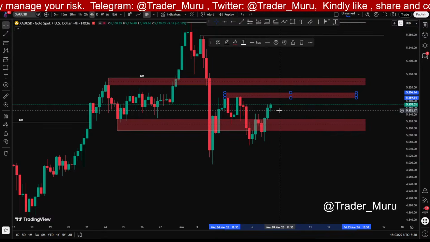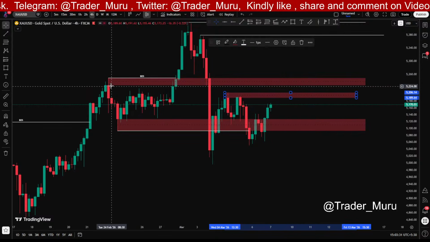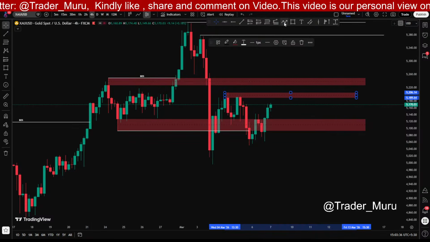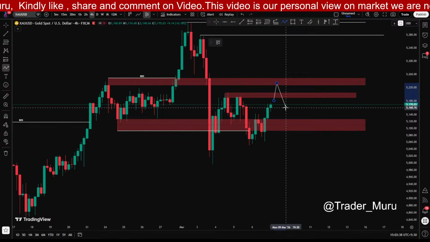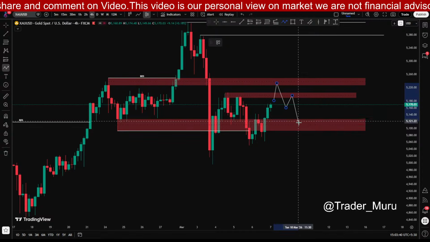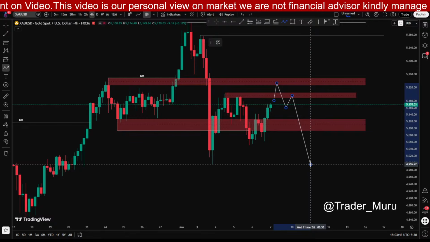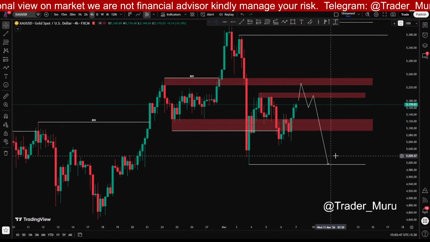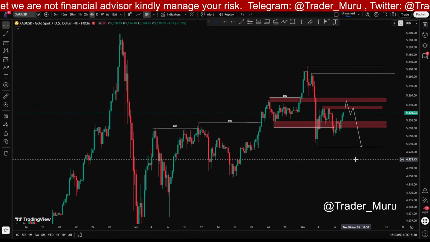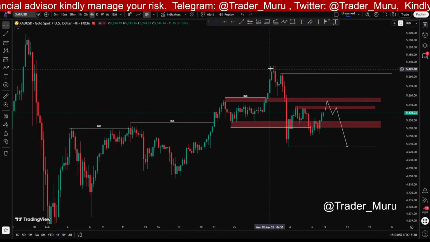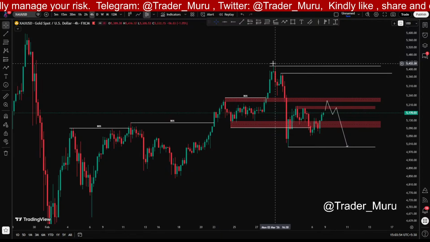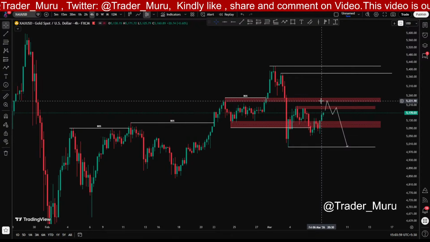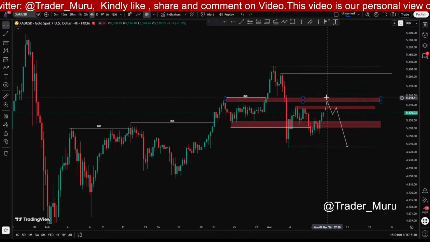So if we get a pump here and a test of this 4-hour QML area and again break below this low, like this one, then it will be a nice area to short till this low, because we have a high, then a higher low, a higher high, then the lower low confirmed over here, and this can be the lower high.